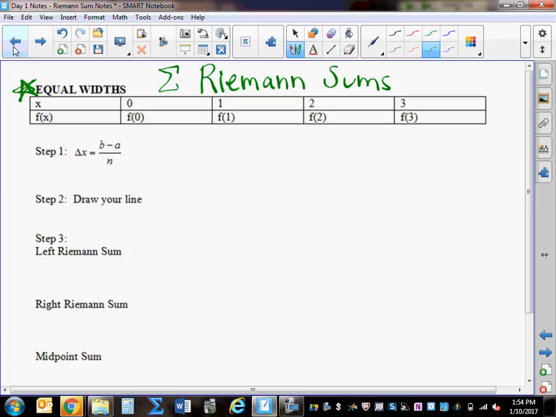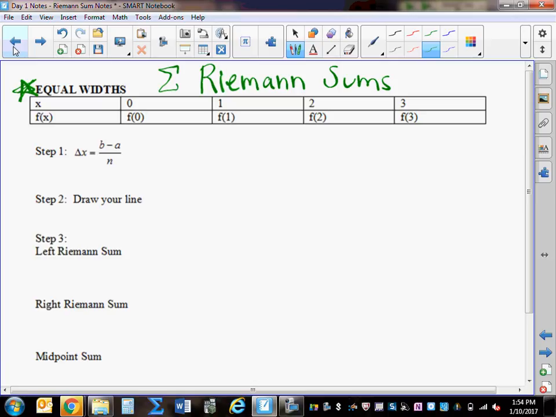Now, if I wanted equal widths for equal intervals, would you agree that I take my starting x value, my ending x value, subtract them, and divide by however many intervals I want? That'll give me those equal widths. If I wanted 4 equal ones, take the end minus the beginning and divide by 4. So that's what this formula is here.